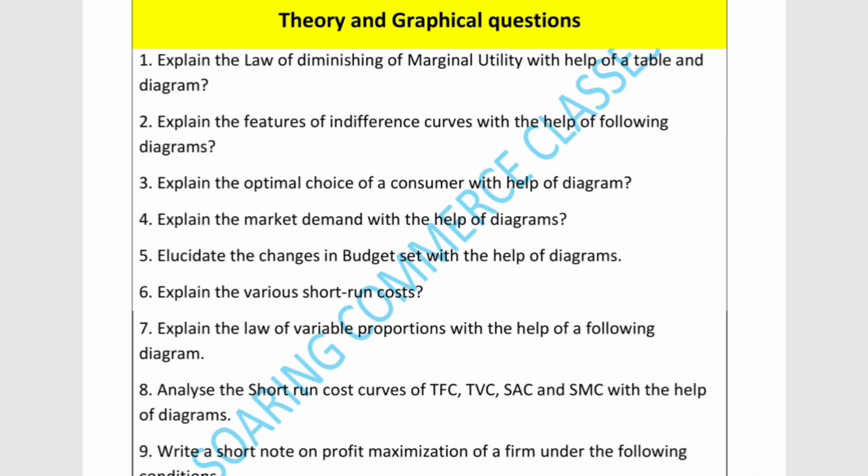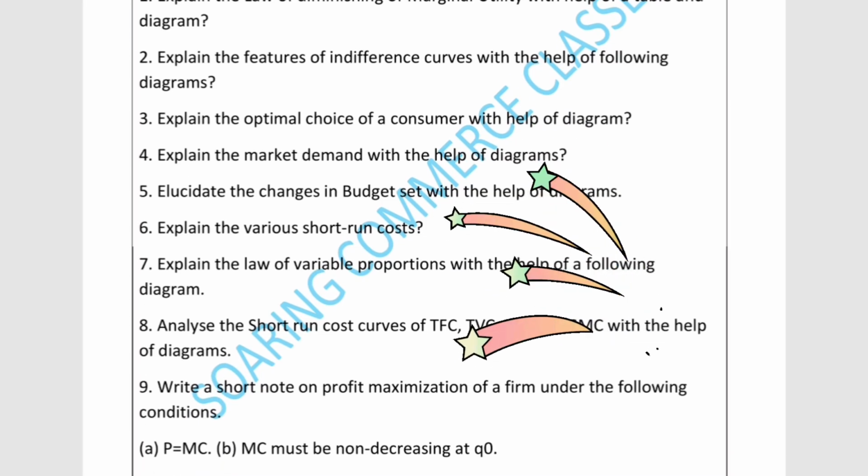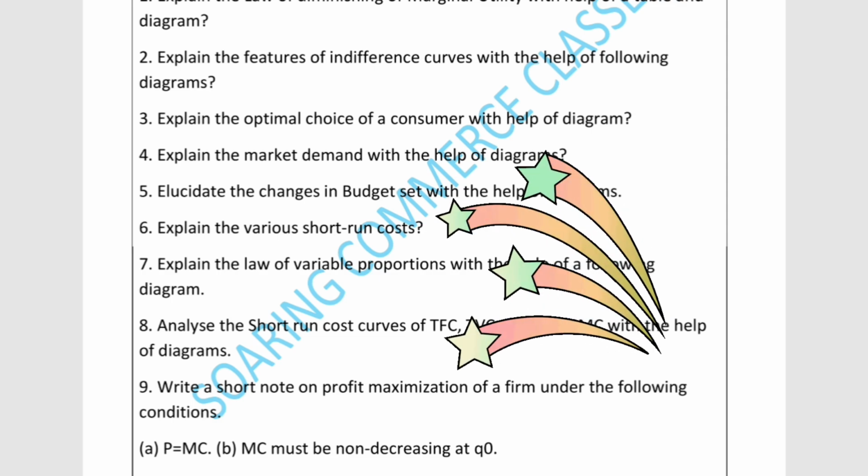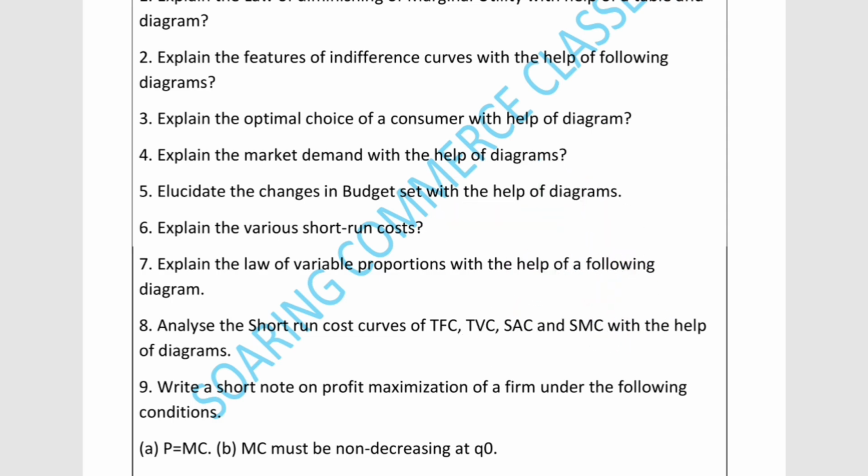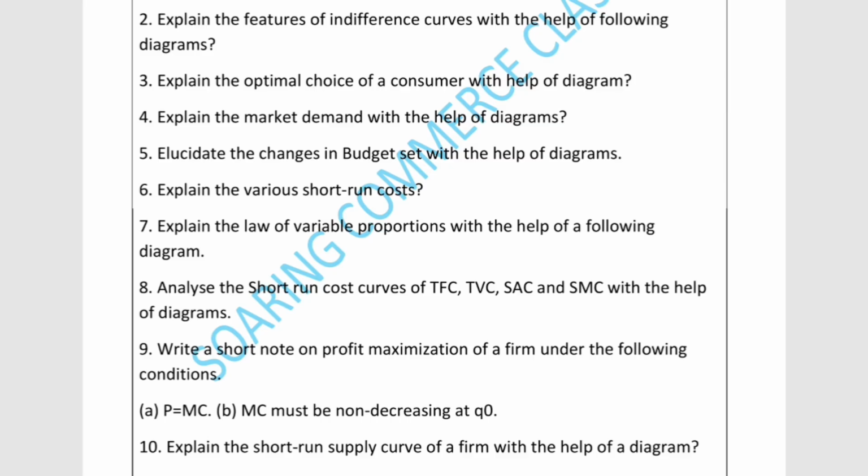Okay, so the next chapter, the 6 marks question will come from production and cost. The first question will be explain the various short-term costs, and the second question, explain the law of variable proportions with the help of a following diagram.